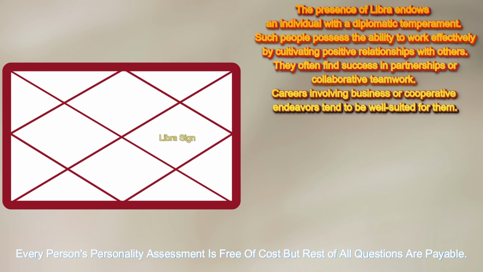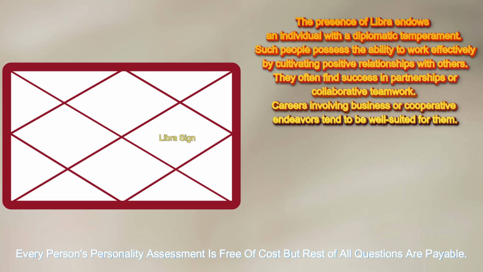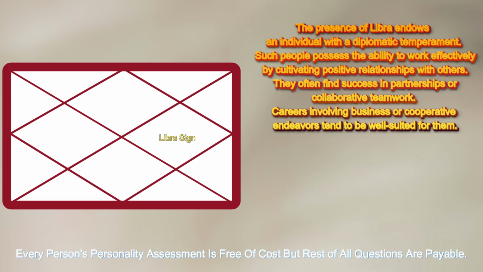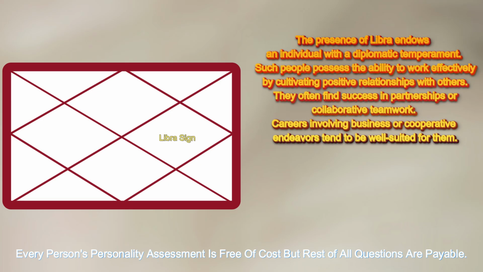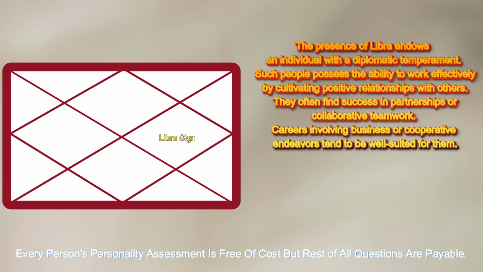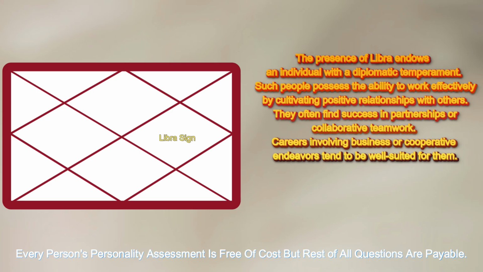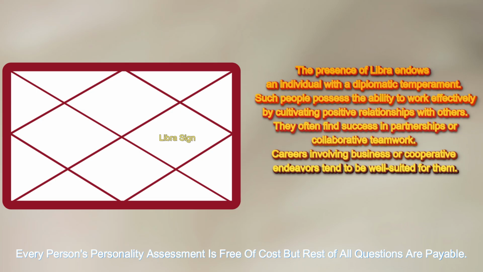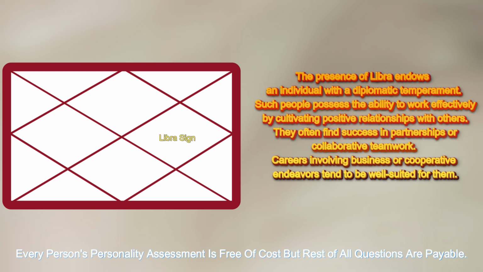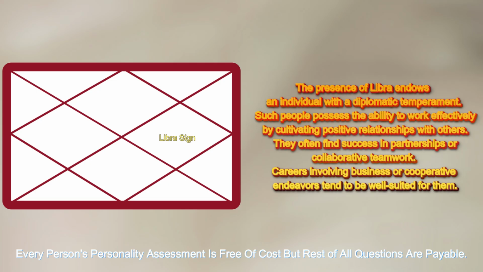The presence of Libra endows an individual with a diplomatic temperament. Such people possess the ability to work effectively by cultivating positive relationships with others. They often find success in partnerships or collaborative teamwork. Careers involving business or cooperative endeavors tend to be well suited for them.